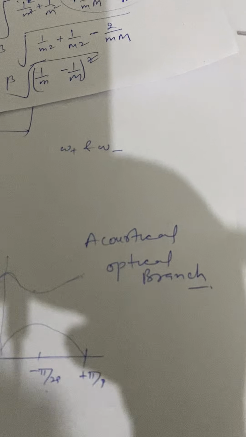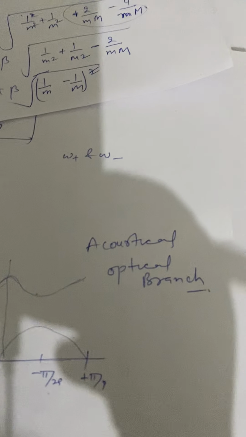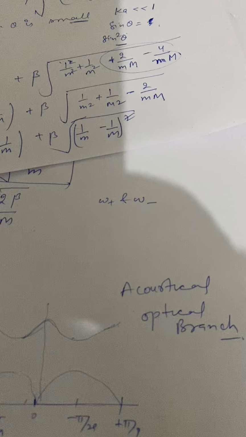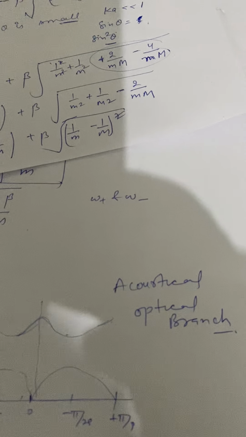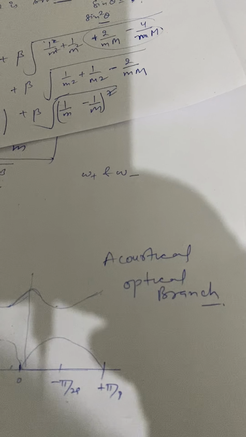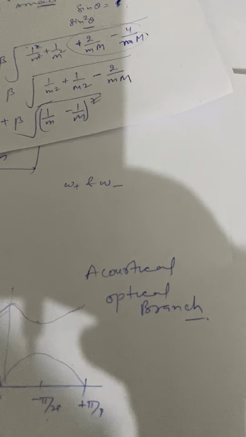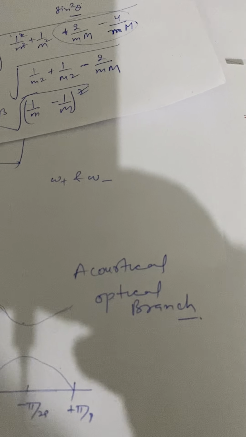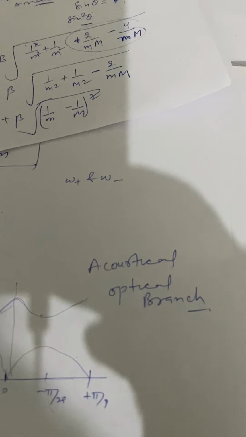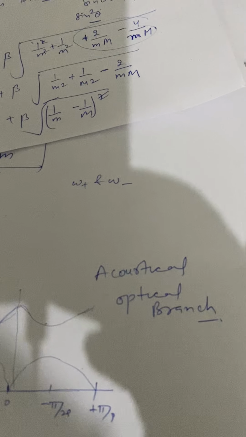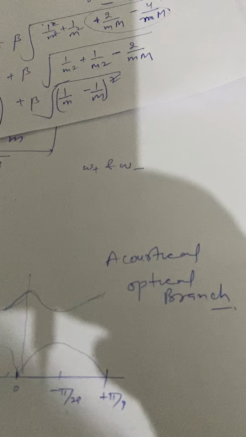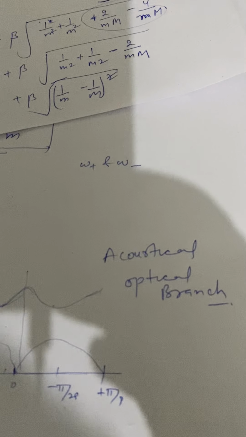Like in a semiconductor we have two bands, valence band and conduction band, and in between these two bands we have a forbidden gap of energy. Similarly, in this case we have two types of branch, acoustical branch and optical branch. In between we have a forbidden frequency band, meaning for this frequency range we don't have a solution of vibration.